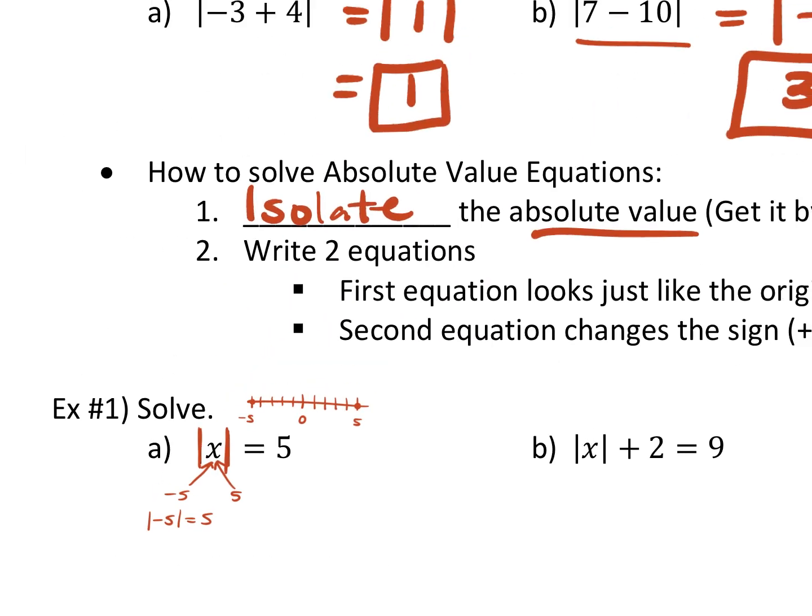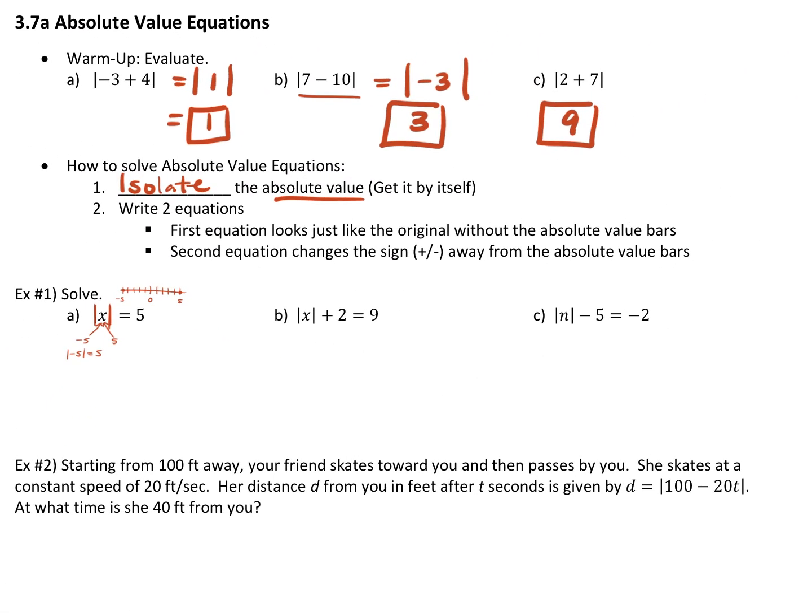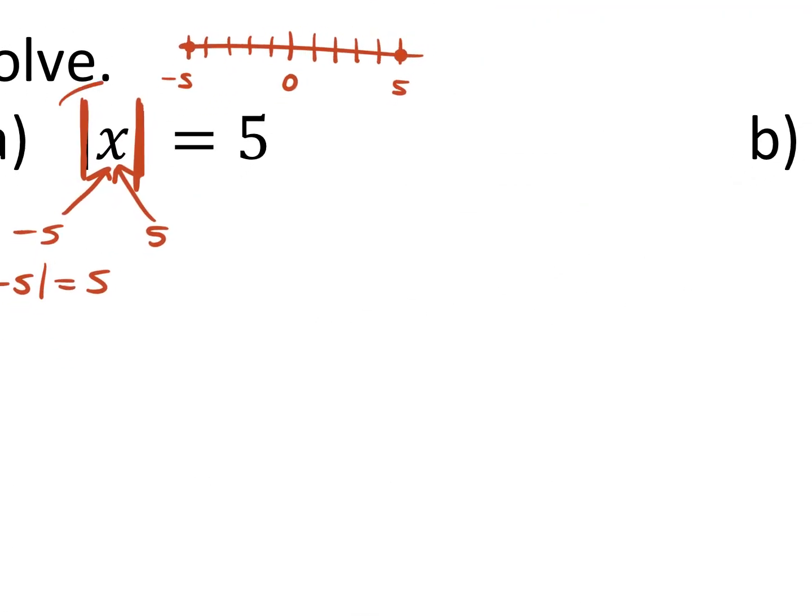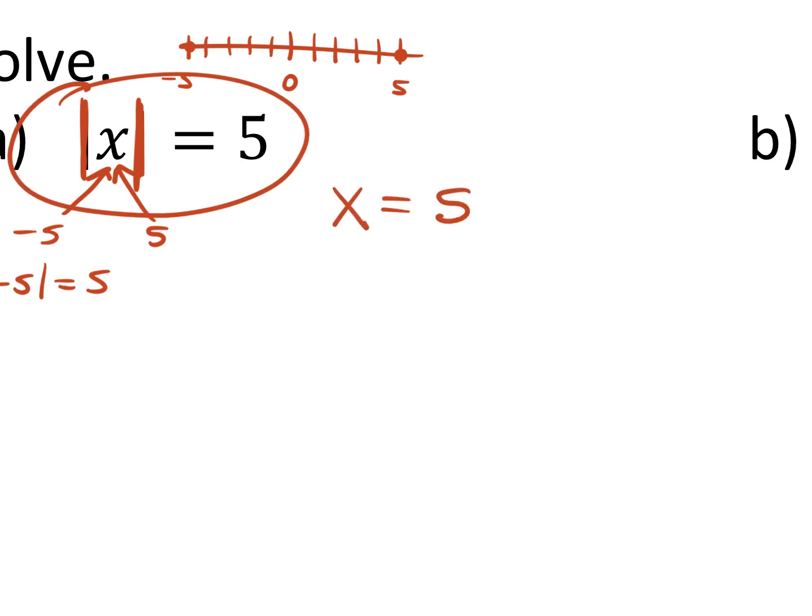Okay? Okay, so let's just take a look. When you write 2 equations, your first equation should look exactly like what you see in the problem. So up here, if I'm going to write 2 equations from this, my first equation is x equals 5. I just take away my bars. Okay, so that's my first equation.